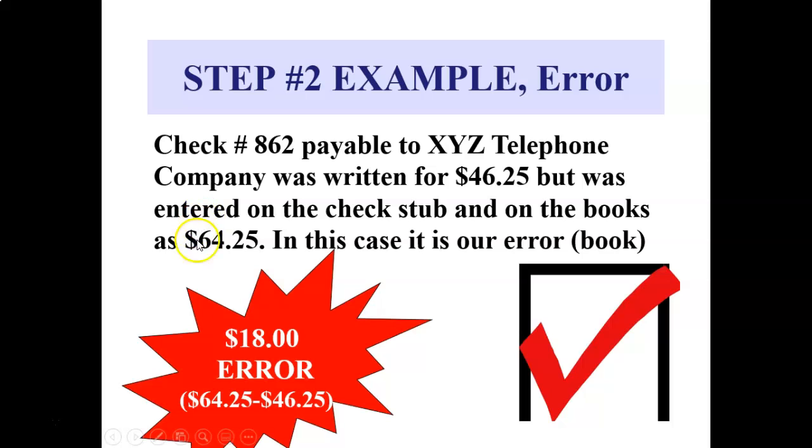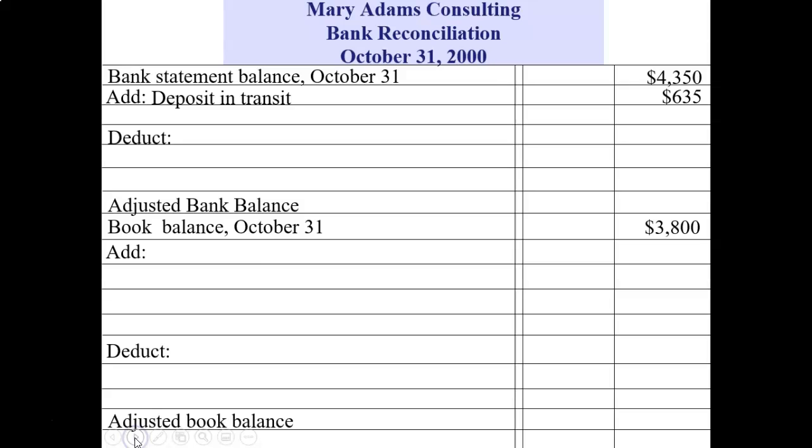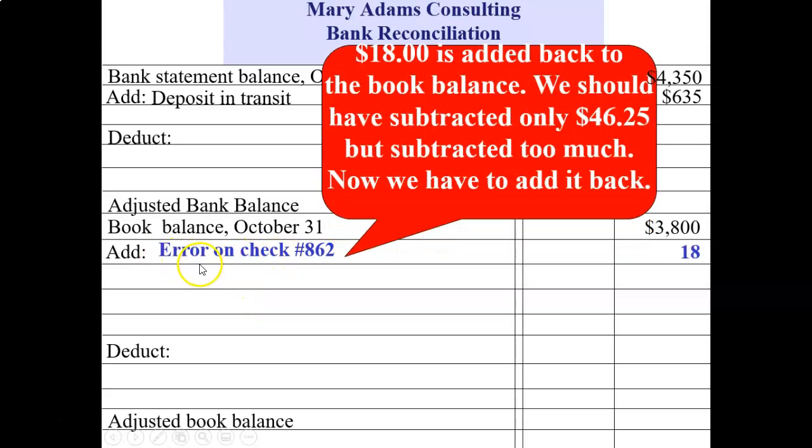So we actually subtracted $18 too much. So we need to add the $18 back in. So on this bank rec, we now know that it needs to go on the book side, and we're going to have to add that error back in, the $18.